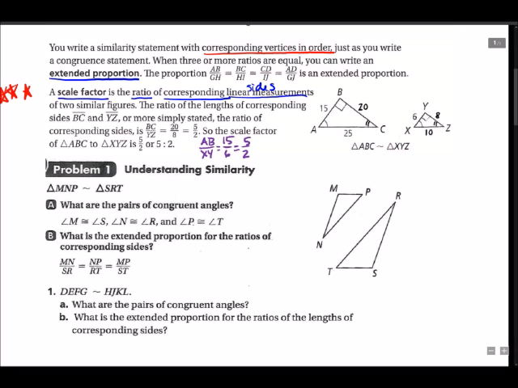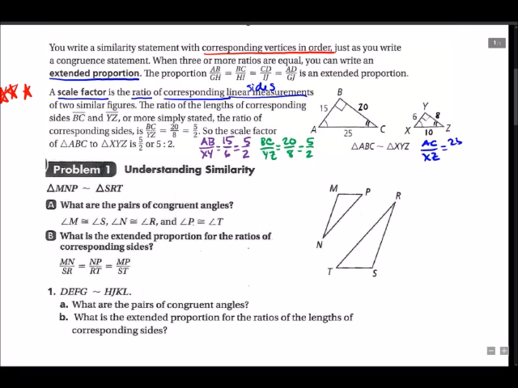And who's next? The length of BC compares to the length of YZ. That's 20 is to 8. And we reduce, divide both of them by 4, and I get 5/2. And who is our last side here? AC compares to XZ.